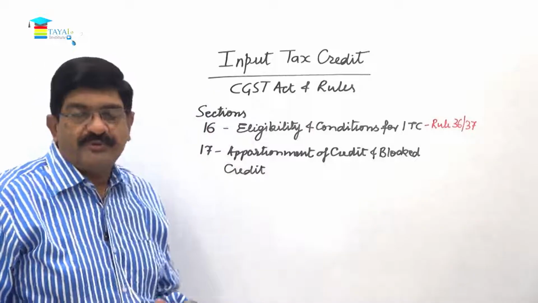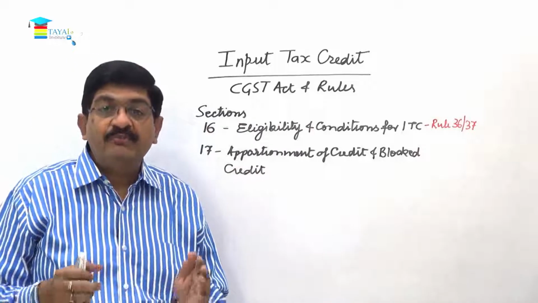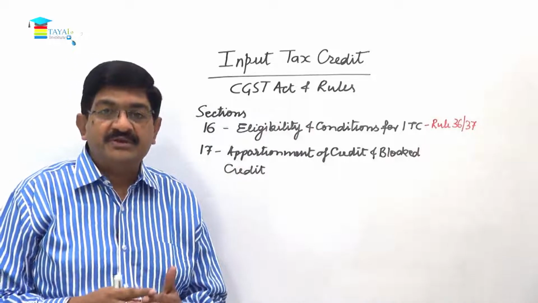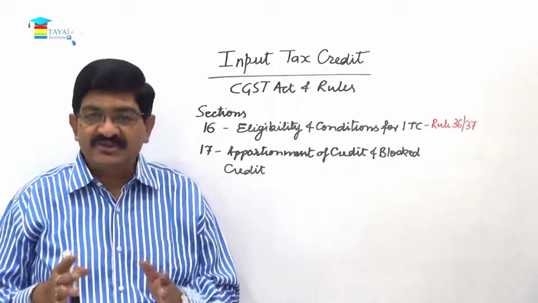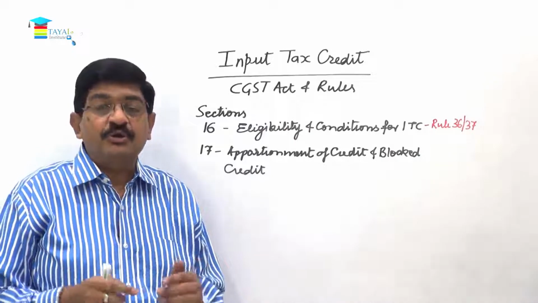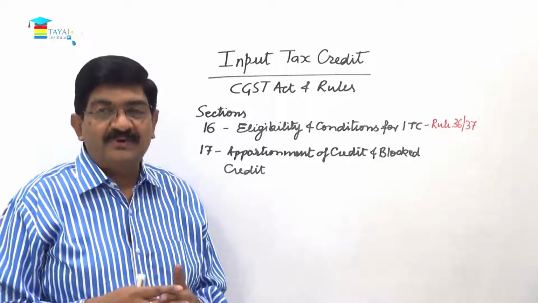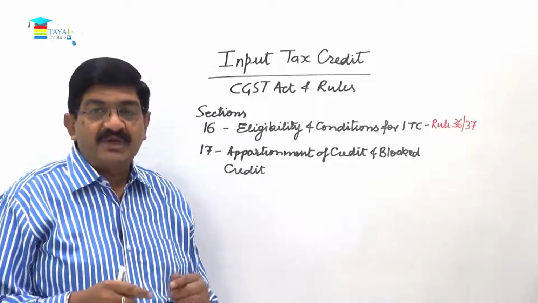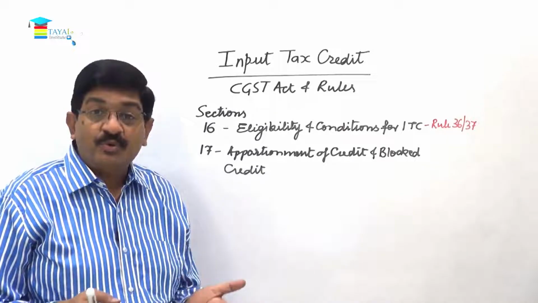So the question of apportionment comes only when we are using certain goods for business and non-business purposes, and in business also taxable and non-taxable purposes, and in business again, that is including the zero rated supplies.